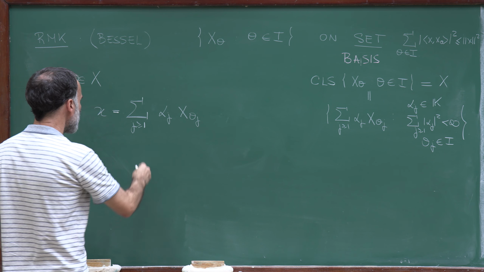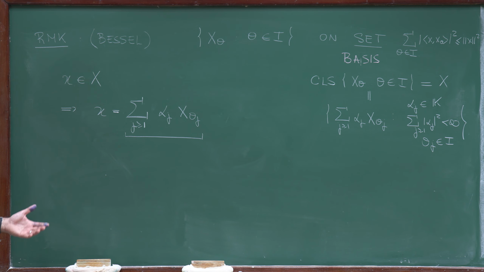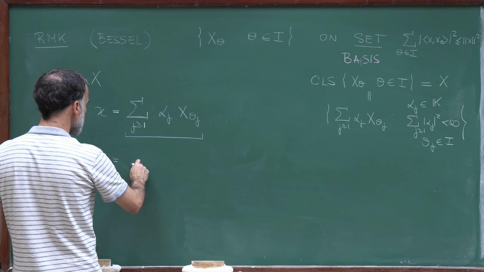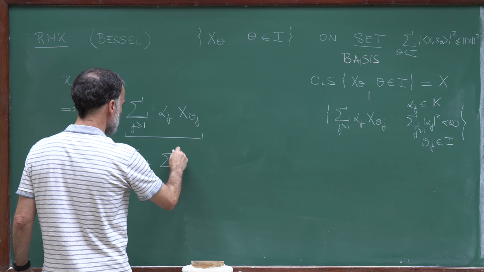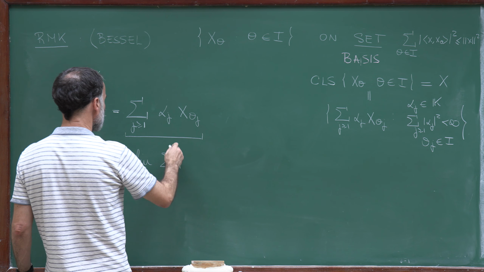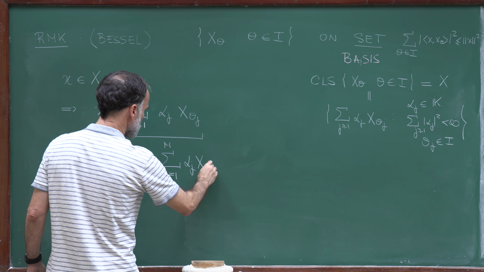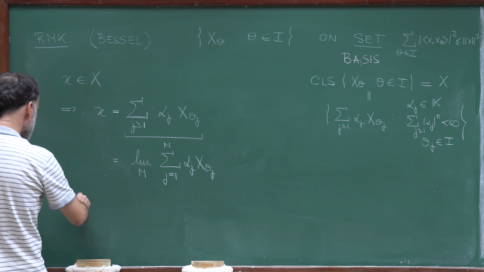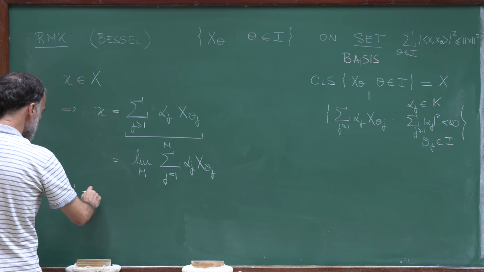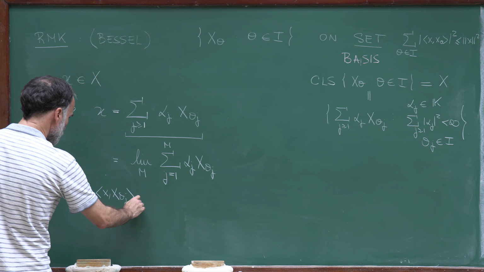Now remember that this infinite sum has to be understood as the limit of the finite sums. So I have two claims. The first one is that alpha_j is equal to the scalar product of x and x_theta_j.